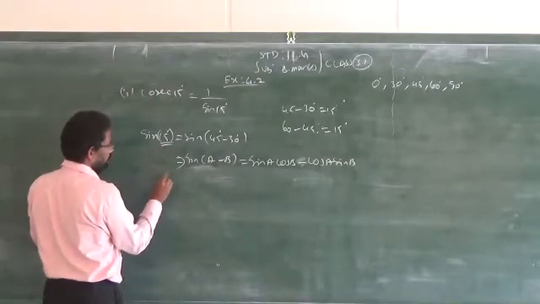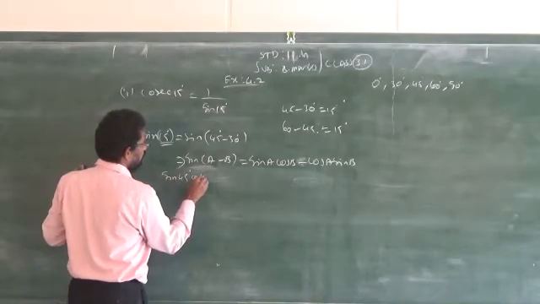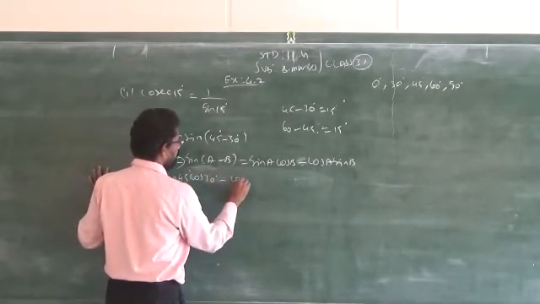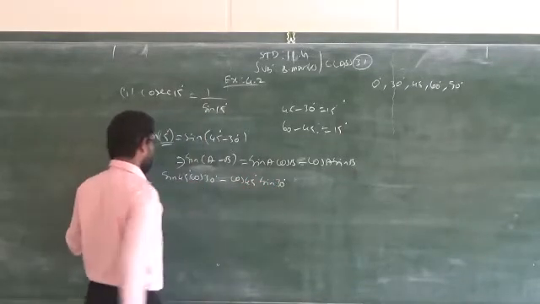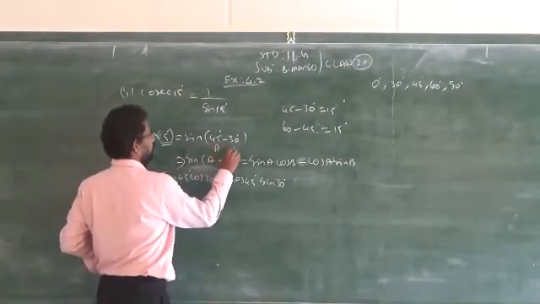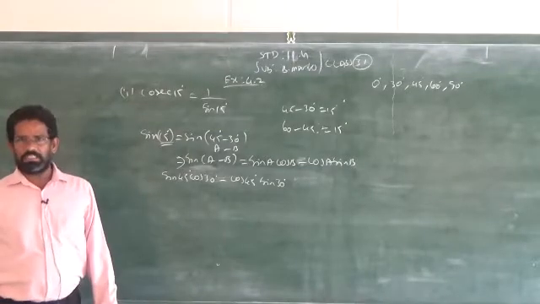So, you have to rewrite sine 45 degree cos 30 degree minus cos 45 degree sine 30 degree. Just replace A and B by 45 degree and 30 degree respectively.